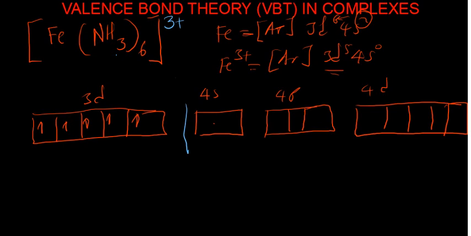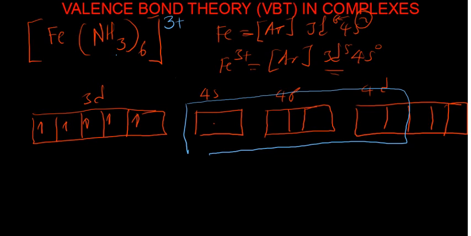We want to form 6 orbitals, so we're going to go all the way from the s orbital up to here. We would have pushed this one here and pushed this one here, and so instead of going to pick these 2 orbitals, we would have picked these 2 orbitals which are here. But because this is a weak ligand, we would rather go to pick those which are already empty that side. So that is what is going to be happening.